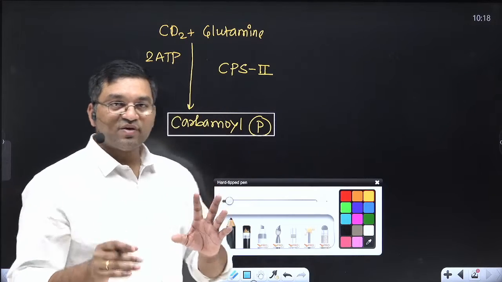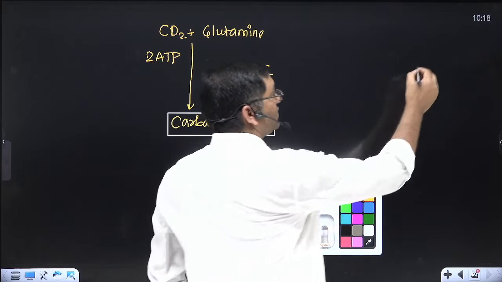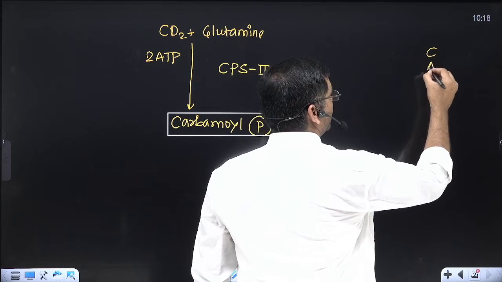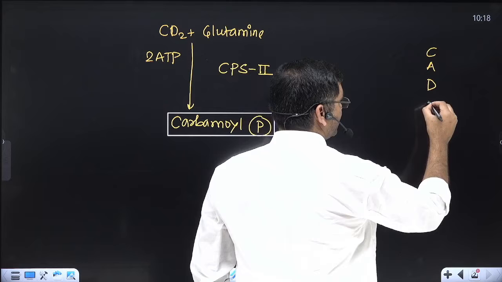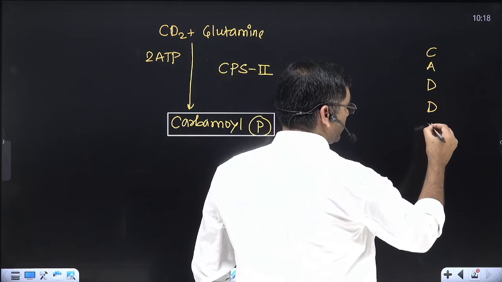So how will you remember the pyrimidine nucleotide synthesis? CAD, CAD, CAD, O2, O2.